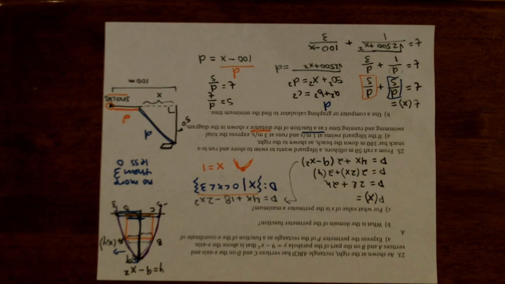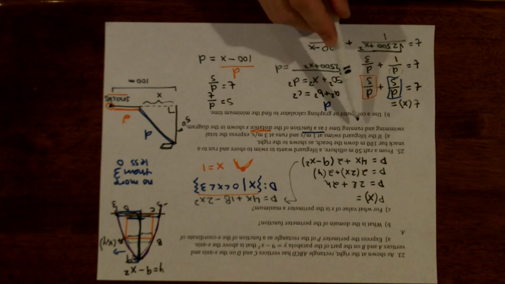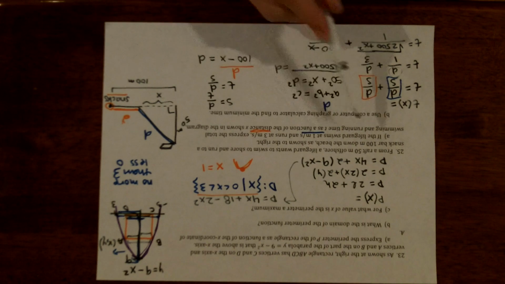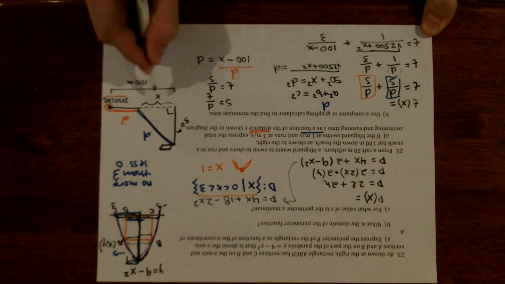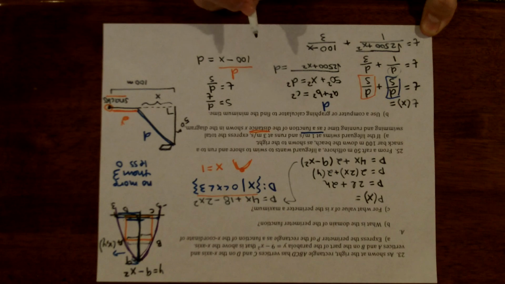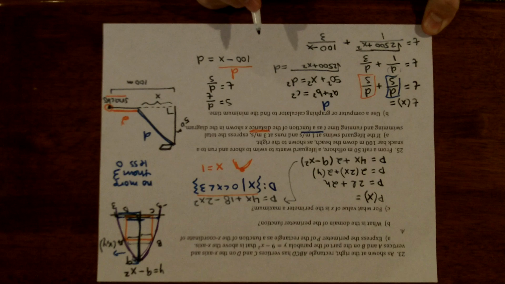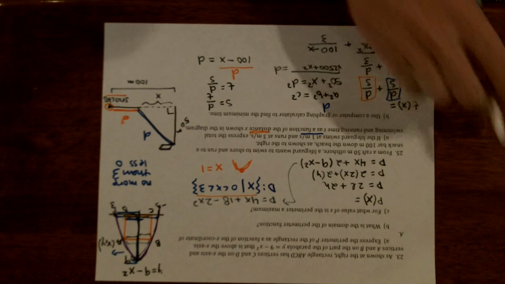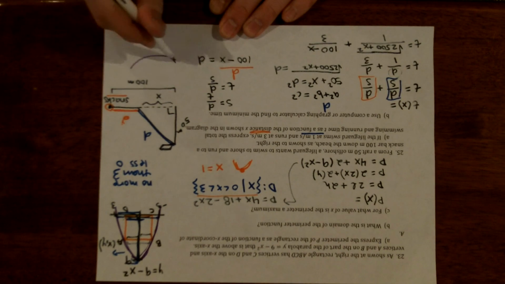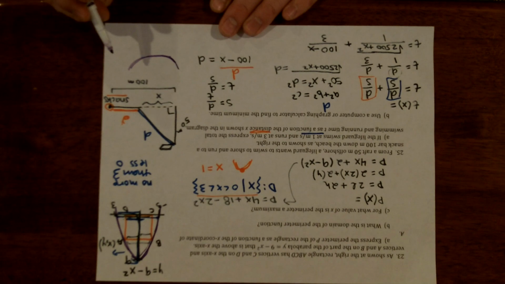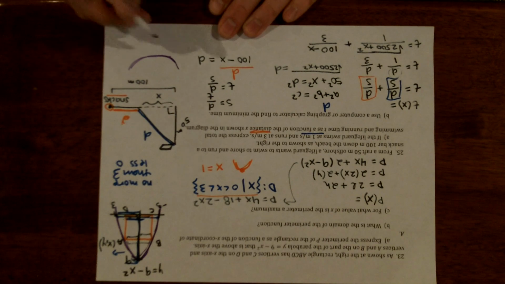What were we asked to find again? We were asked to express the total swimming and running time as a function of the distance x shown in the diagram. So did we have t as a function of x? Everything is as a function of x, so yes, we did do that. Now it asks us in B to use a graphing calculator to find the minimum time. If you were to type this into your graphing calculator, you would get out a parabola that looks like this. And it's asking for the minimum time.